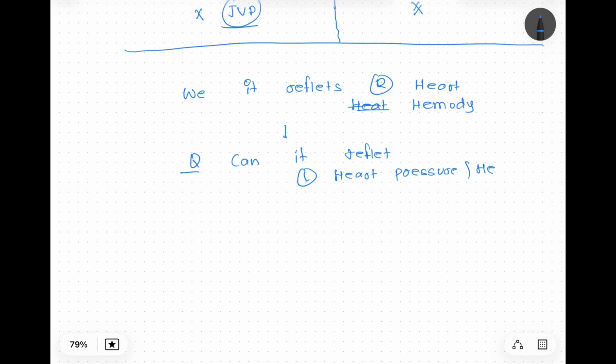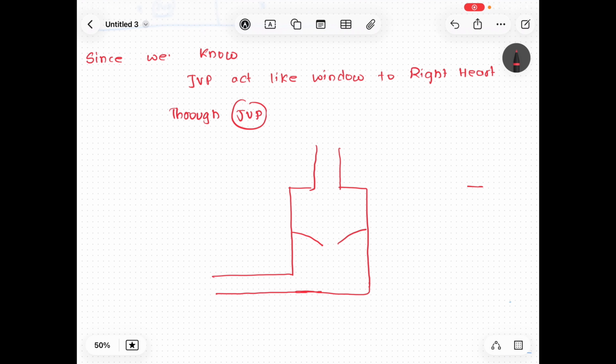To understand this, since JVP acts like a window into the right heart, through JVP you can pick up information about the right atrium, tricuspid valve, right ventricle, pulmonary artery, and pulmonary capillary wedge pressure.